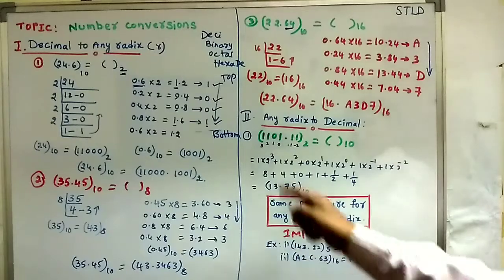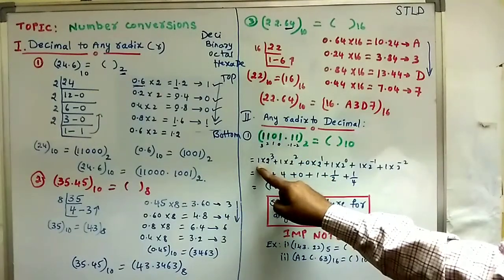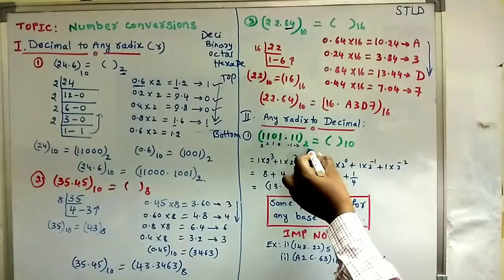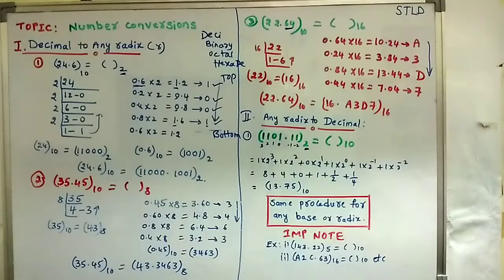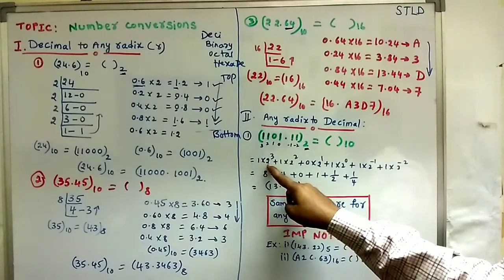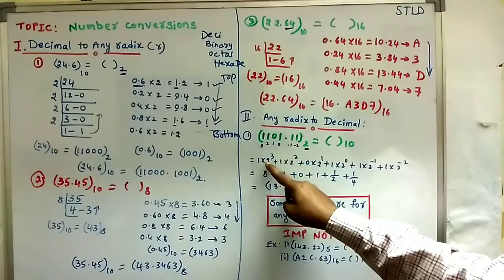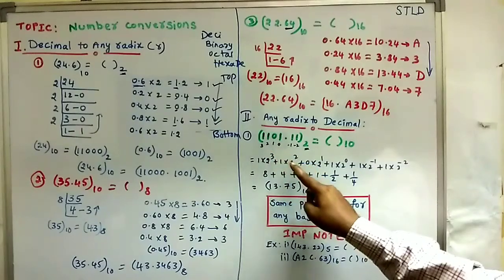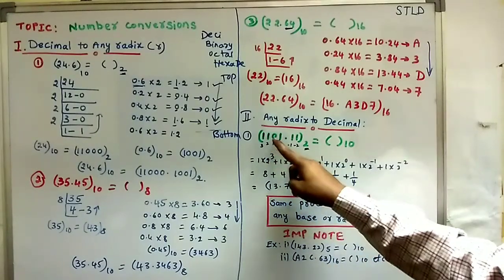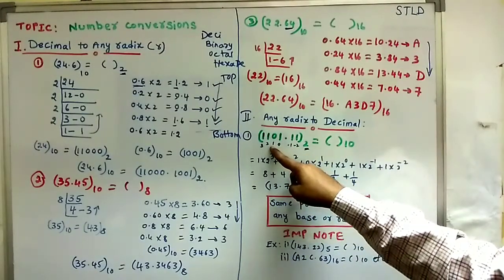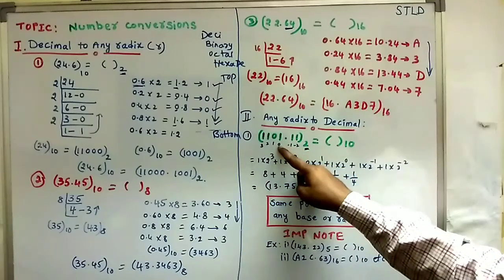Why? Because I am going to write the first bit, 1, into 2 power 3. Here the radix is 2. That's why I am going to take 2 power. If the radix is 3, I am going to take 3 power, like that. Then this 1 into 2 power 3, plus again this 1 into 2 power 2, then plus 0, third bit 0 into 2 power 1, plus 1 into 2 power 0.